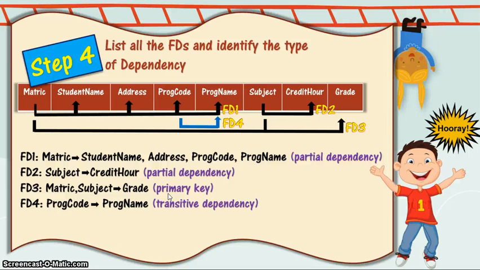But if a non-key attribute depends on another non-key attribute, we call it transitive. The blue one is transitive because prog code is not a primary key, but it can determine prog name. So we call it transitive, right?